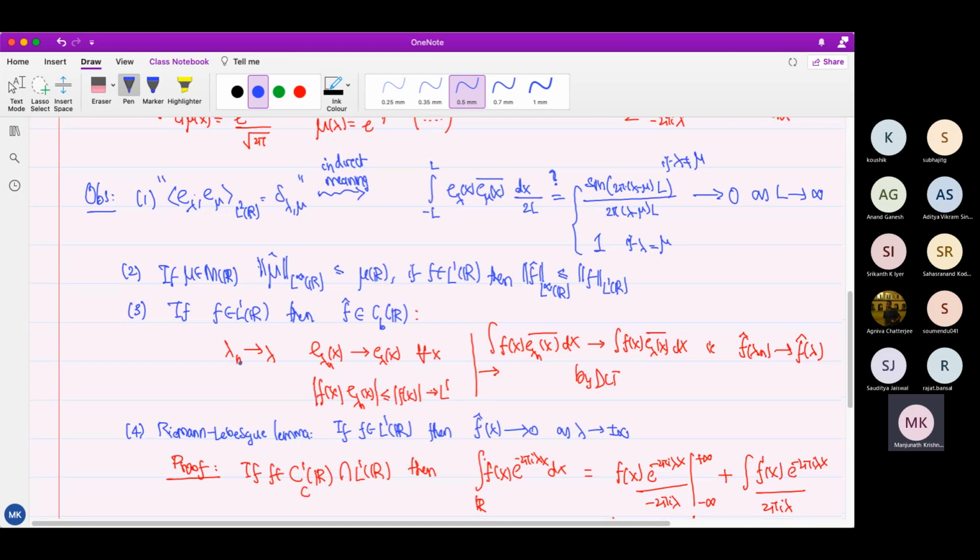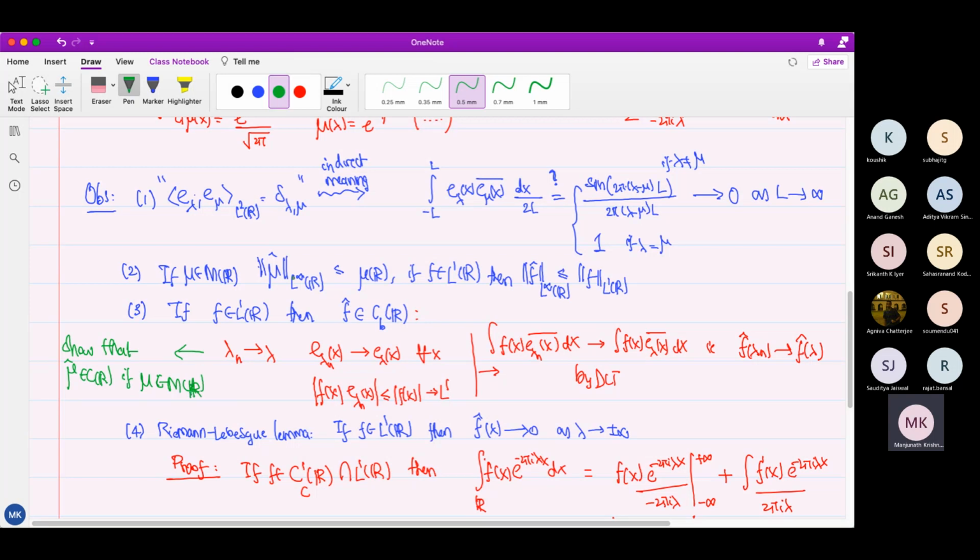Actually, I missed one thing. Even for measures, the Fourier transform is continuous. The continuity part is okay.